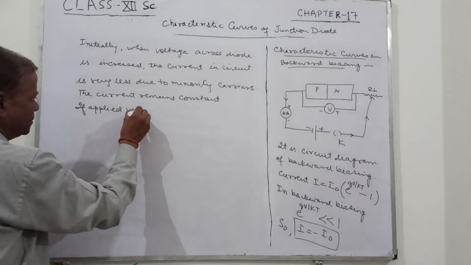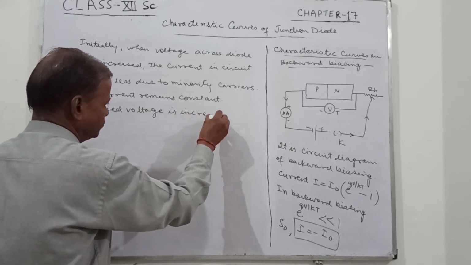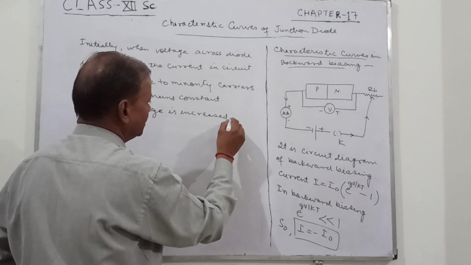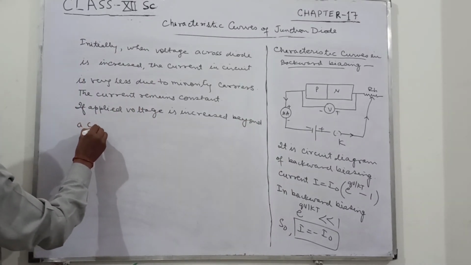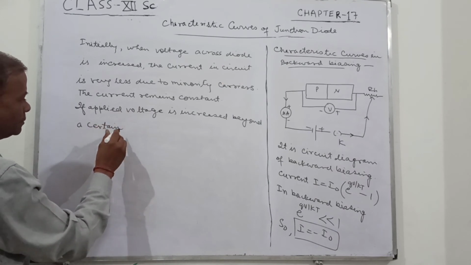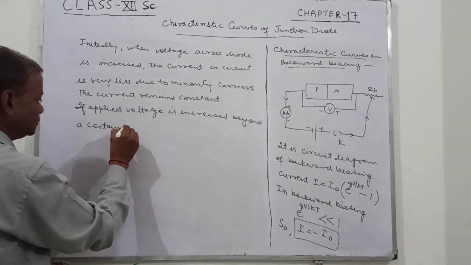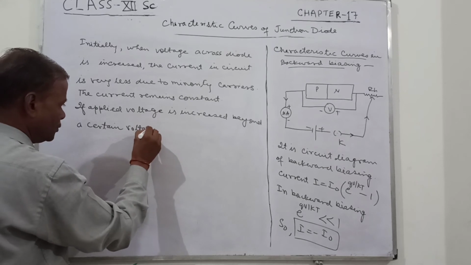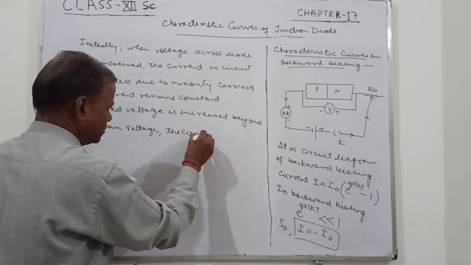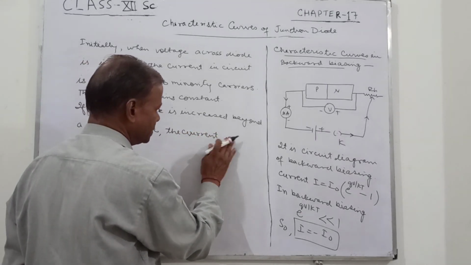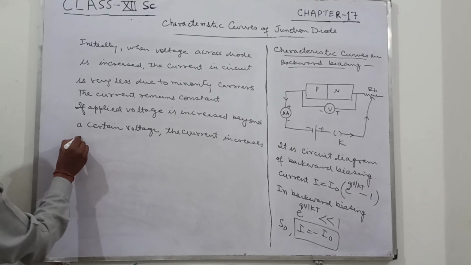If applied voltage is increased beyond a certain voltage, the current increases abruptly.